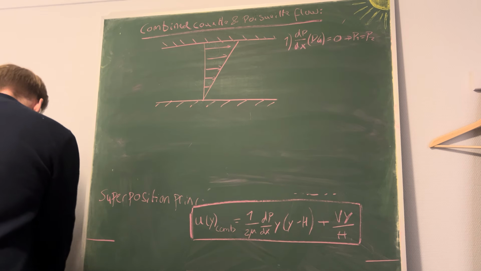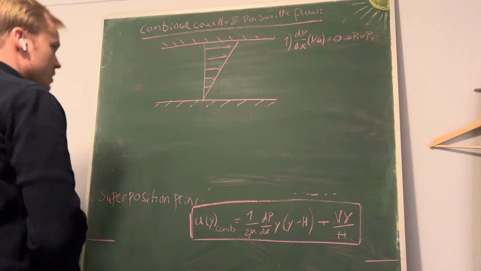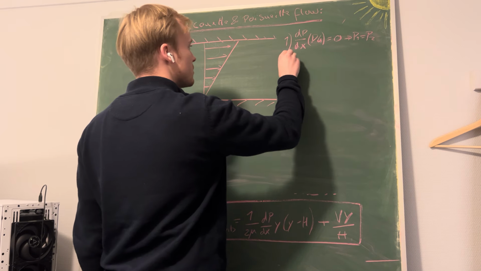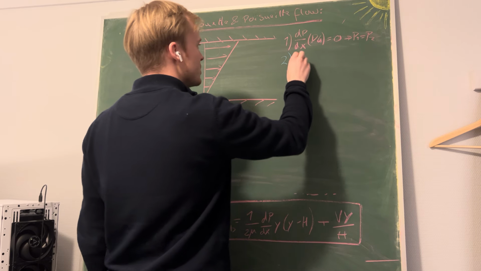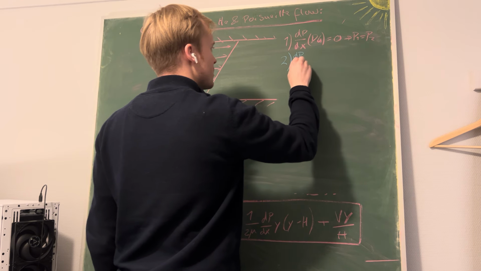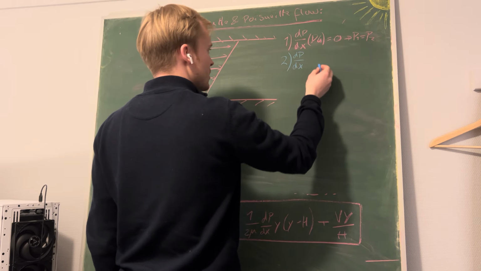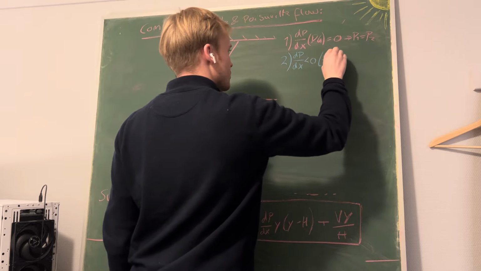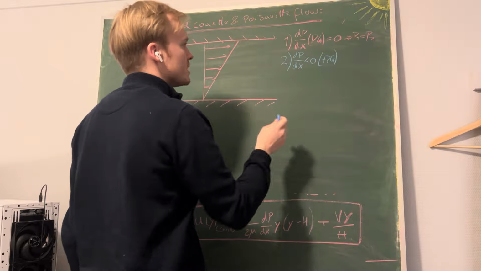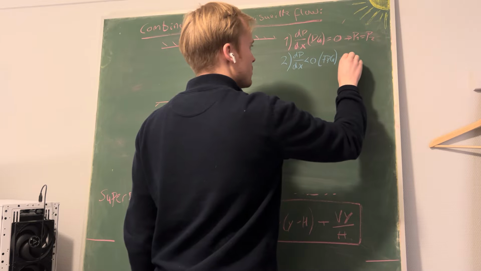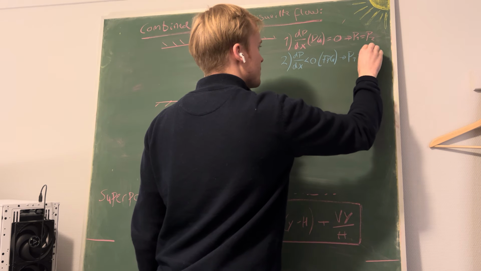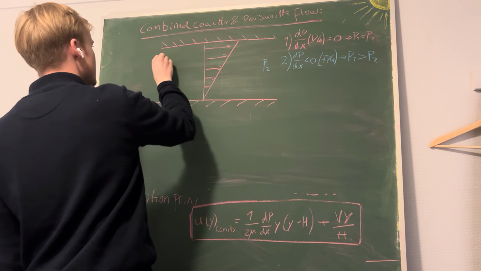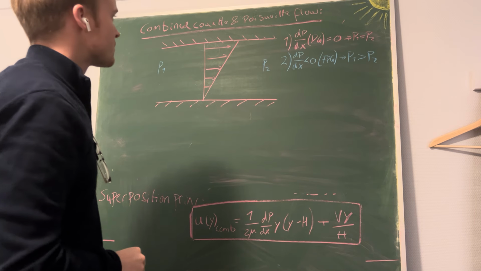But then let's say that we have a favorable pressure gradient. You can call this number 2. We say that dp dx is less than 0, so this would imply a favorable pressure gradient, which means that P1 is bigger than P2, and by reference, this is P2, this is P1, right?